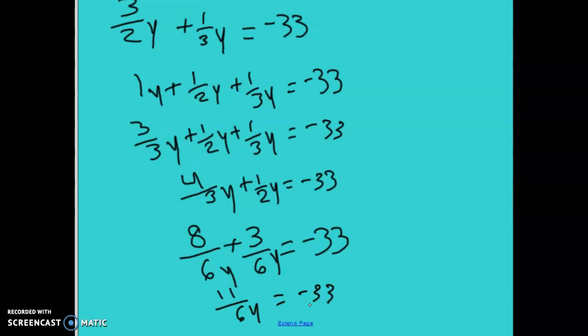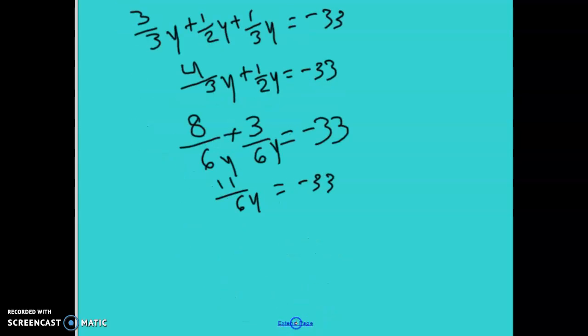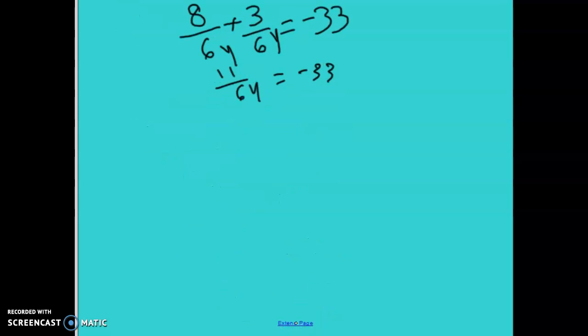If 11/6 of y equals negative 33, well then 1/6 of y is going to be negative 3. Okay, and if 1/6 of y equals negative 3, then y is going to be negative 18. Okay, and then we need to check to make sure both sides are balanced.